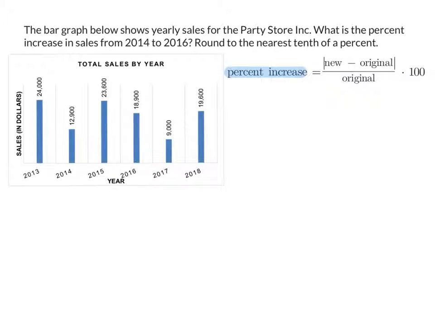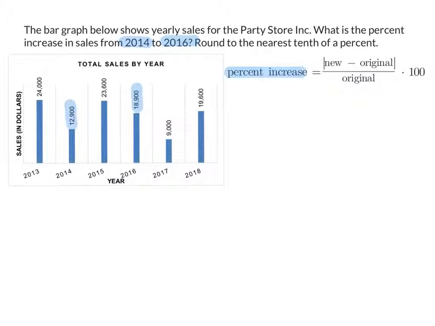So the percent increase is the absolute value of the new minus the original divided by the original and then multiplied by 100. The new value in this case is going to be the amount of sales for 2016, or the most recent year. The original value will be the amount of sales in 2014.